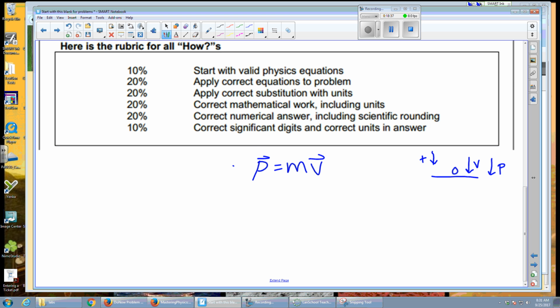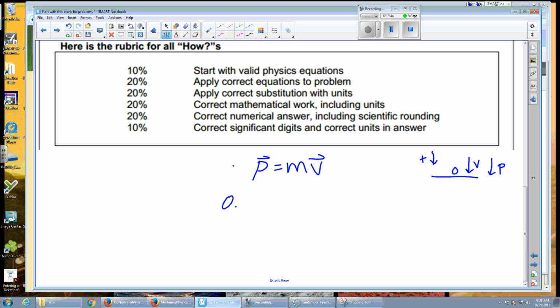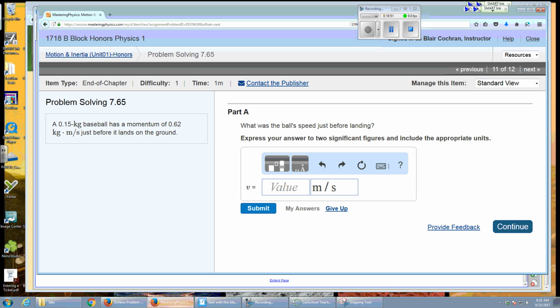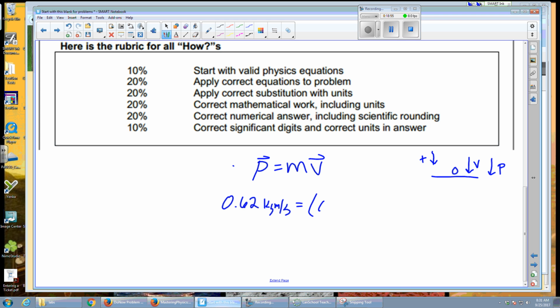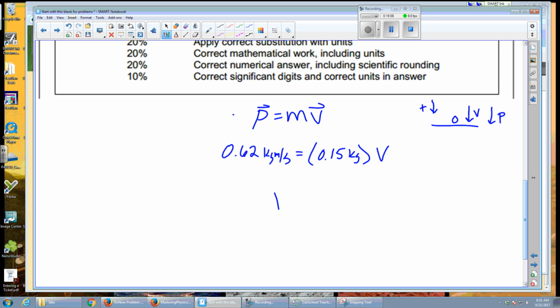So that way I can just put in the positive values. Its momentum is 0.622 kilogram meters per second. Its inertia is 0.15 kilograms. Its velocity is positive and downward, so we just put in v. And now I just solve for v.